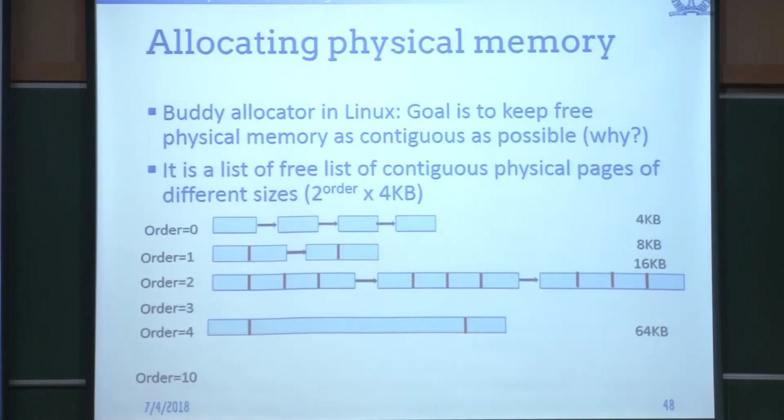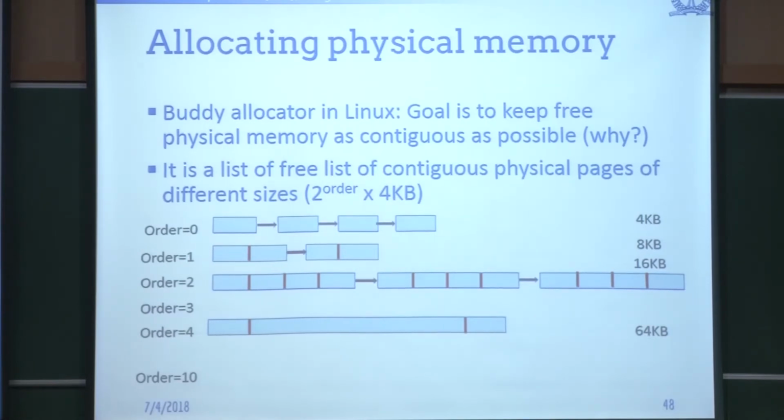What are the orders? These are contiguous physical memory of that size. For example, order 1 means there are 2 contiguous physical page frames, both of which are free. It is trying to keep free physical memory as contiguous as possible.